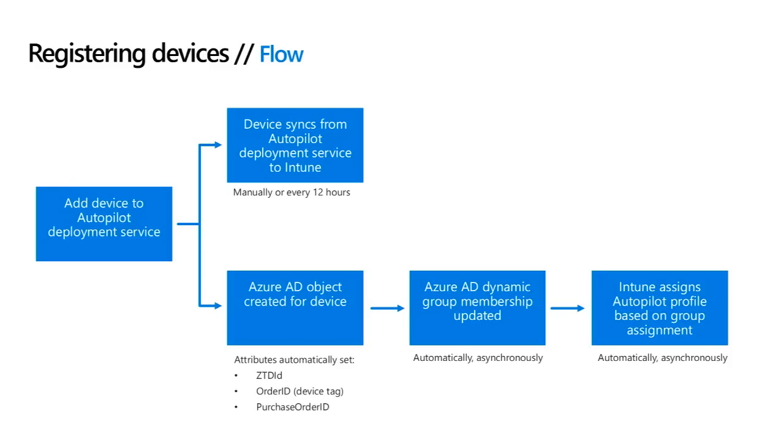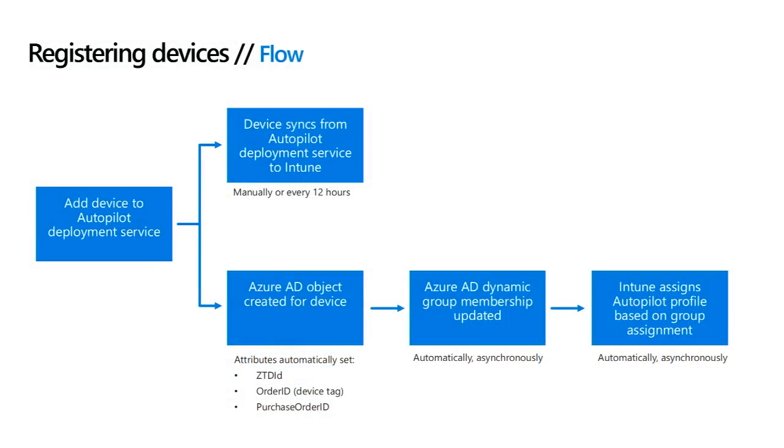Once the device is registered into Autopilot, something else happens at the same time: anytime a device is registered into Autopilot, an AAD object is automatically pre-created for that machine. That object is pre-created so that you have something in AAD already where you can create a dynamic group and start targeting policies to that machine. We'd like you to be able to pre-process a lot of that information.